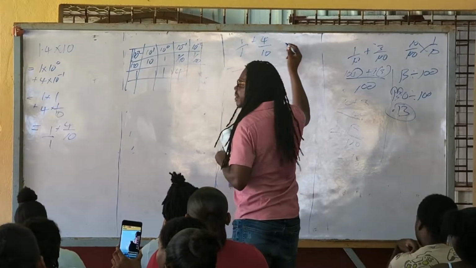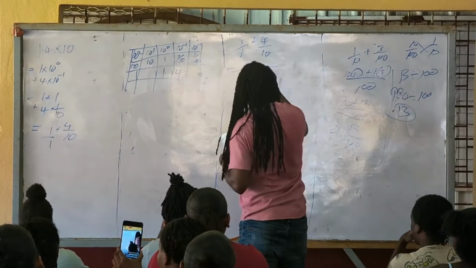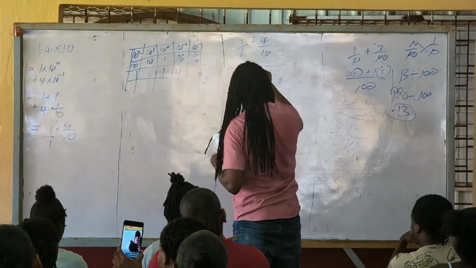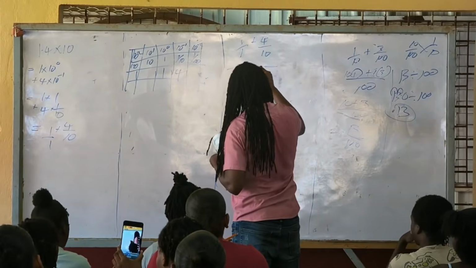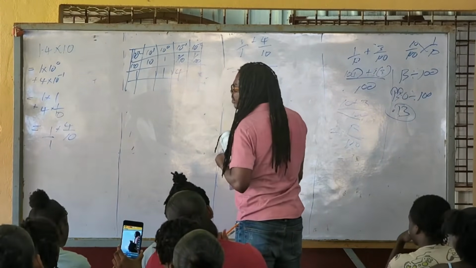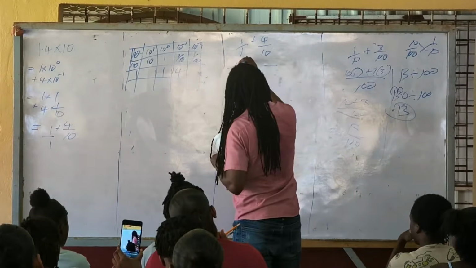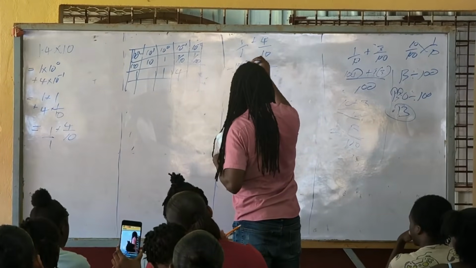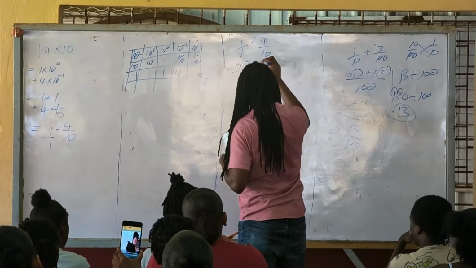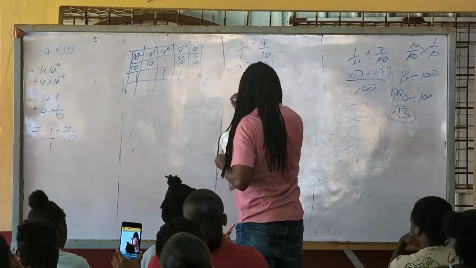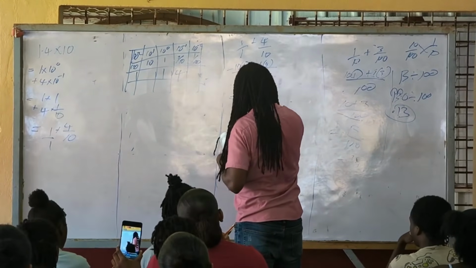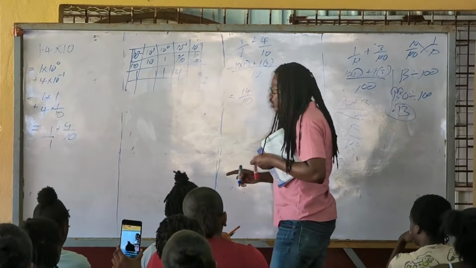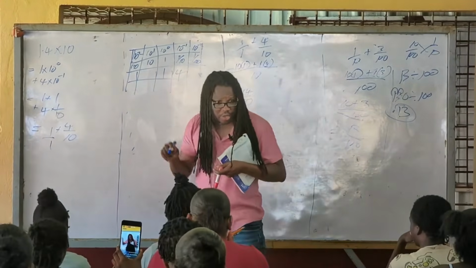What will be my LCM? What will be 1 into 10? 10. So 10 into 1, bracket 1, plus 10 into 10, bracket 4. That will equal 14 over 10. So 1.4 is equal to 14 over 10.